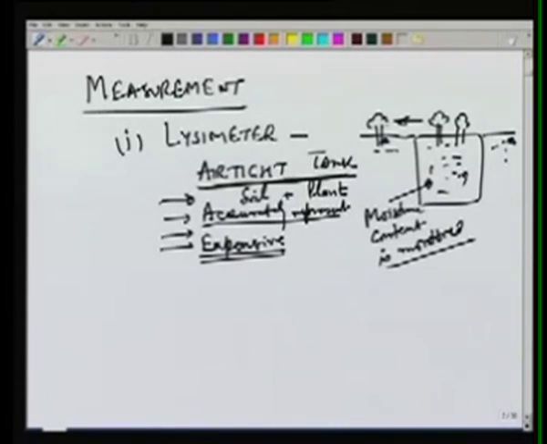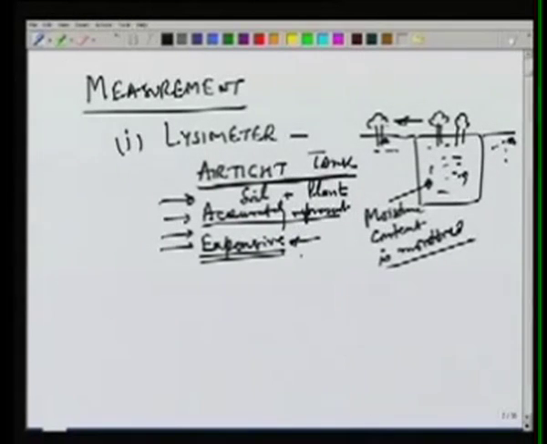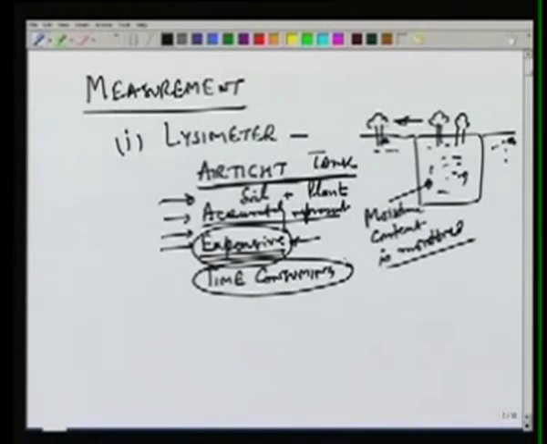So typically it's not used very often, but if we are interested in high accuracy results and we are not concerned too much about money, we can install lysimeters in the field and measure the amount of evapotranspiration from that. It is time consuming, of course, because we have to install the lysimeter and keep on measuring the evapotranspiration on a daily basis or monthly basis, whatever time period we are interested in.